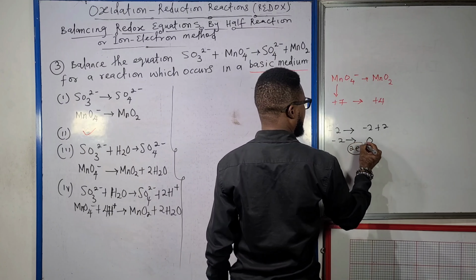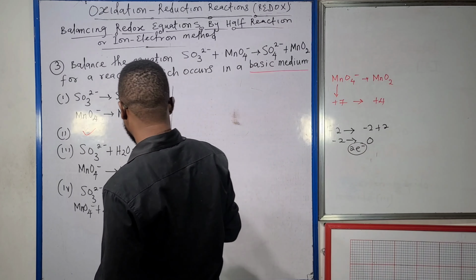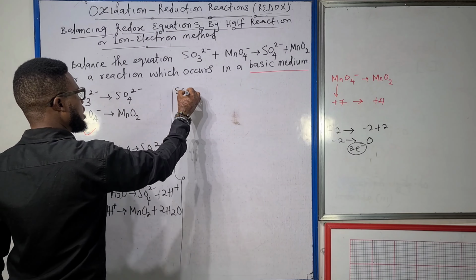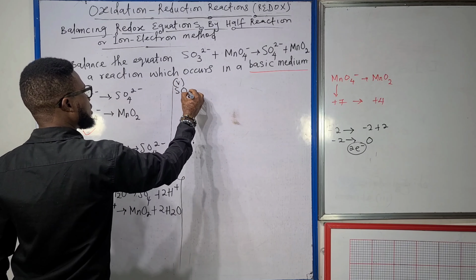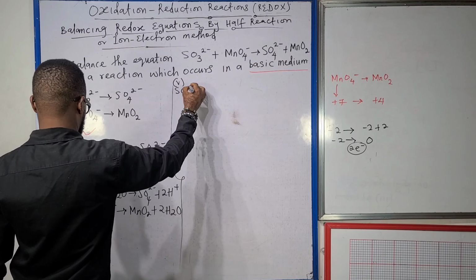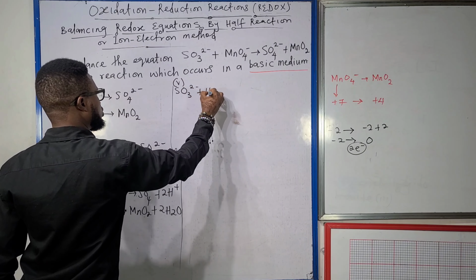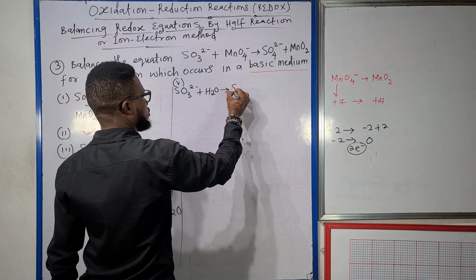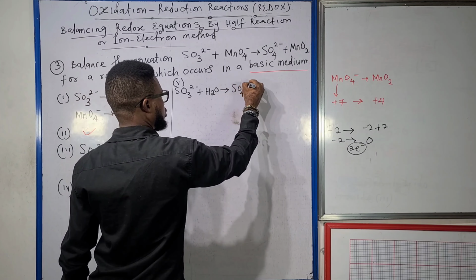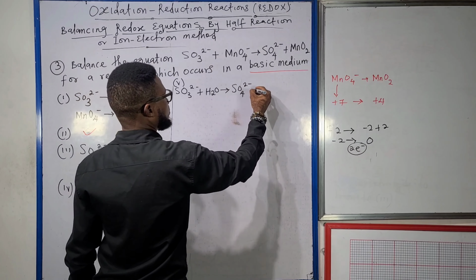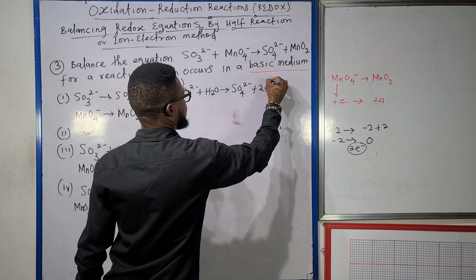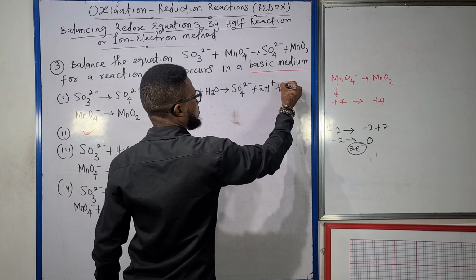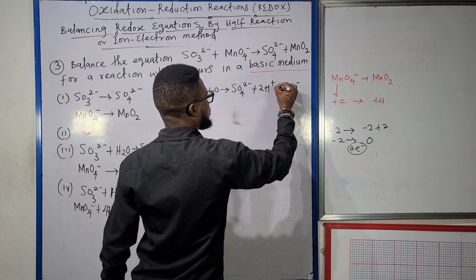I'll be adding the 2 electrons to the more positive side, which is the product side. So step 5: SO3 2 minus plus H2O gives SO4 2 minus plus 2H plus plus 2 electrons.